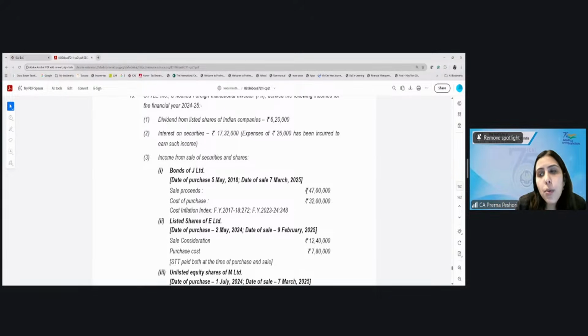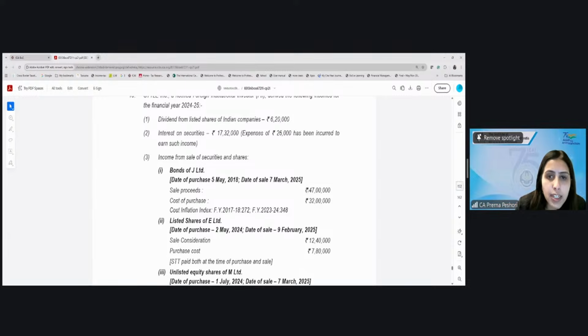Is it covered by 112A? No. This is not covered by 112A. So in this particular case, it is another asset. So that will be taxed at 10%. This will be taxed at 10%.